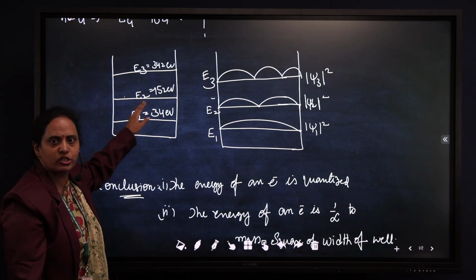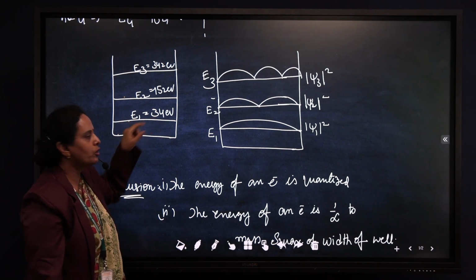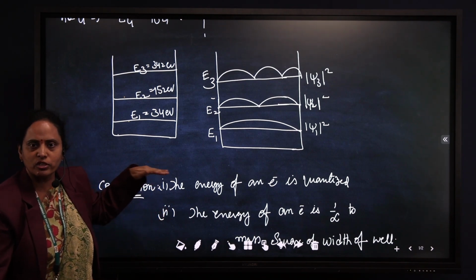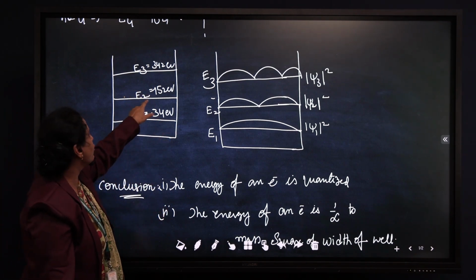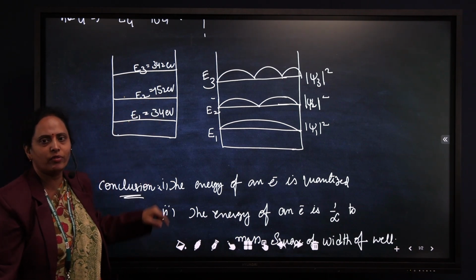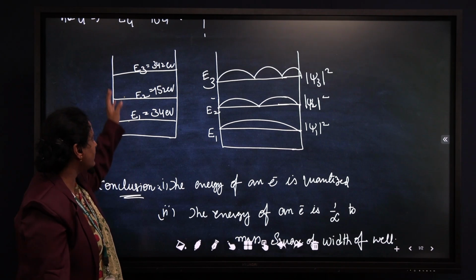In the first energy level, how much energy is released by the electron? The energy released by an electron in the first energy level is 34 eV, in the second energy level it is 152 eV, and in the third energy level it is 342 eV and so on.